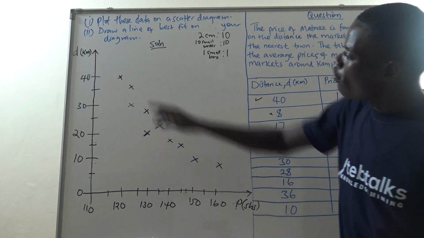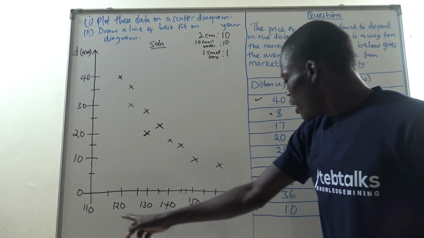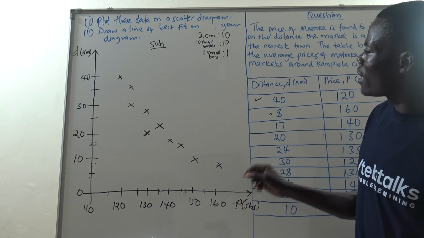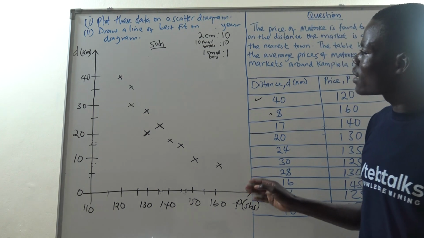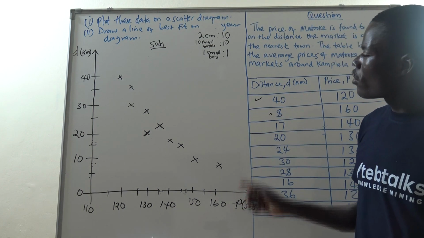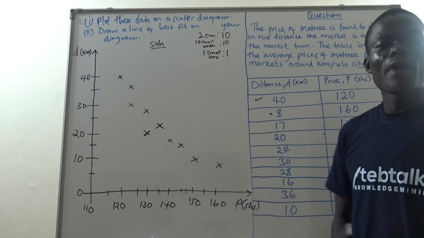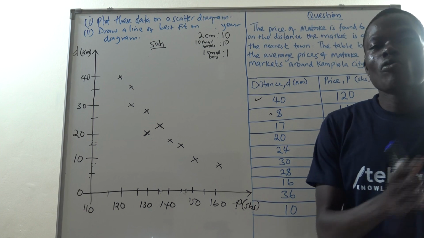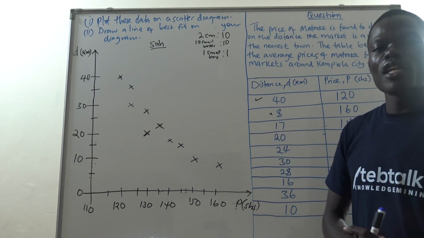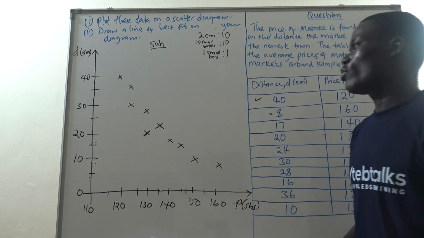As distance is reducing, the prices are increasing. So that's why we are saying this data is giving us a negative gradient, negative correlation or negative relationship, because in a relationship where one variable is increasing as the other is reducing, the type of relationship we get is what we call a negative relationship.